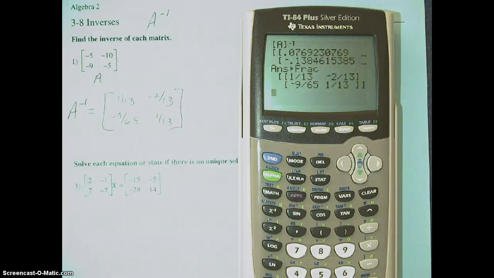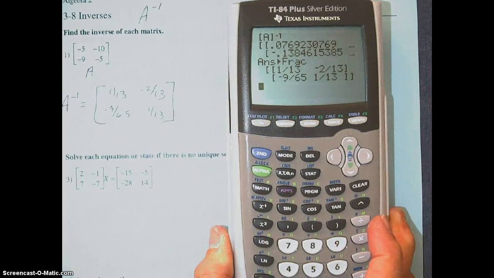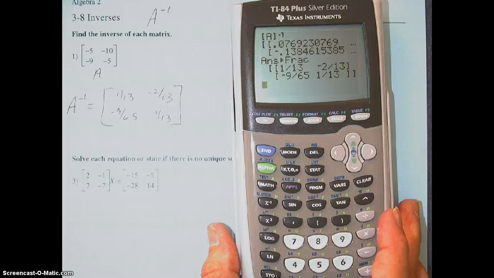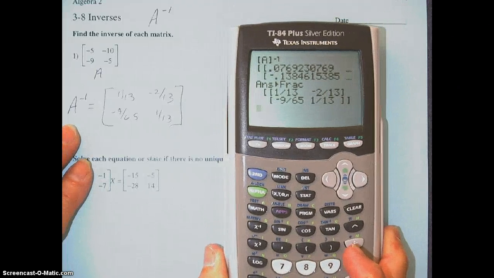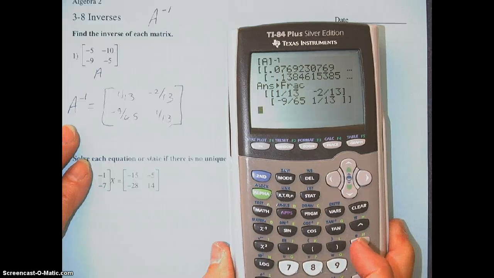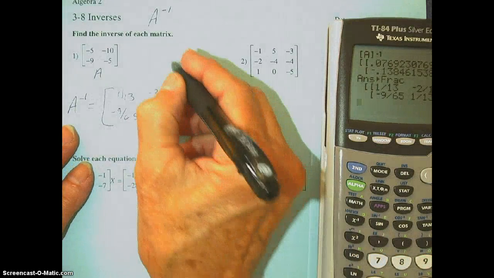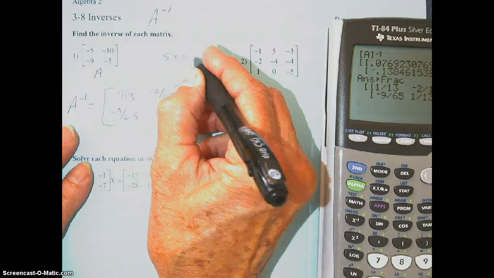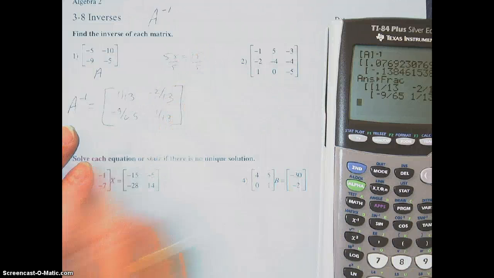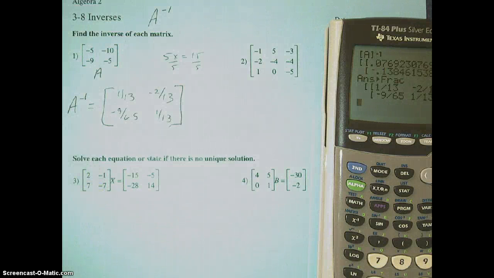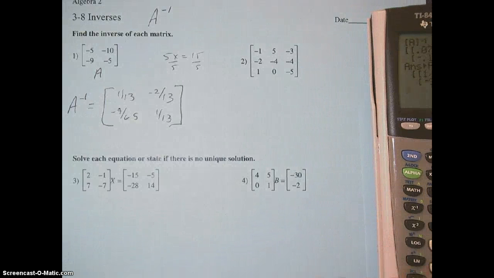Basically, what I want you to see is that A inverse is the equivalent of division. In regular math, when we have an equation like 5x equal to 15, we would divide by 5 on both sides. But in matrix multiplication, or matrix division, we don't have that.